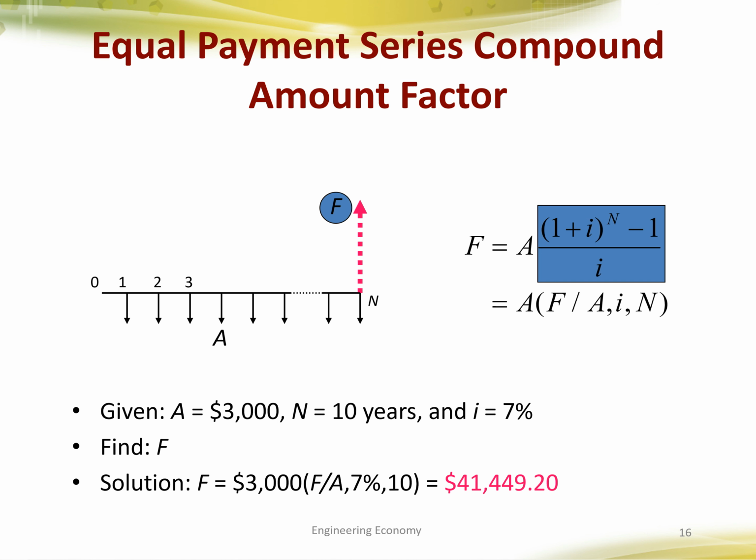Okay, so here if the equal payment is 3,000 for 10 years and the interest rate is 7%, we are given A, we want to find F, and we can go directly to the back of the textbook, go to the page of 7%, and look at the column of given A, find F, and then go down to n equal 10, then you get this coefficient, and multiply by 3,000, you will get 41,449.20.